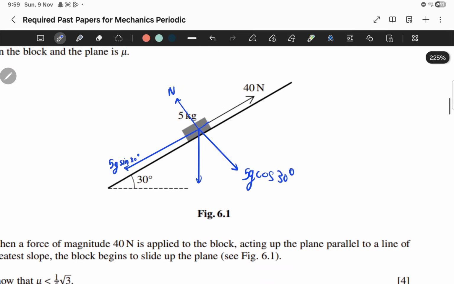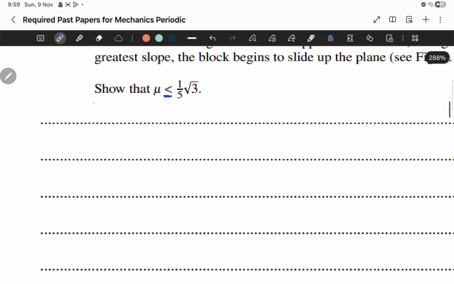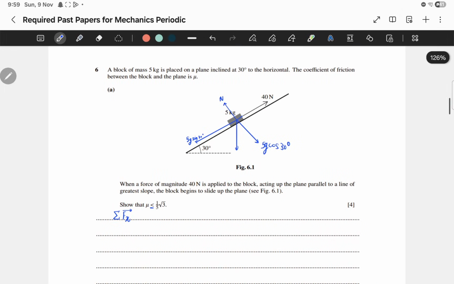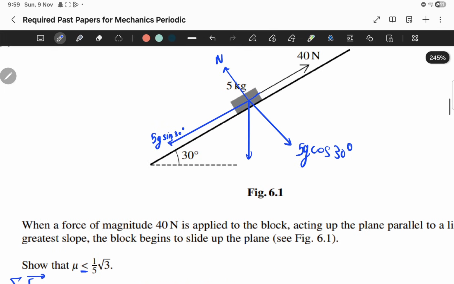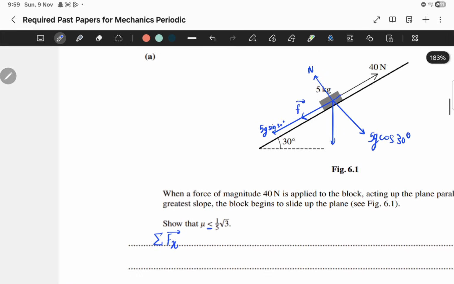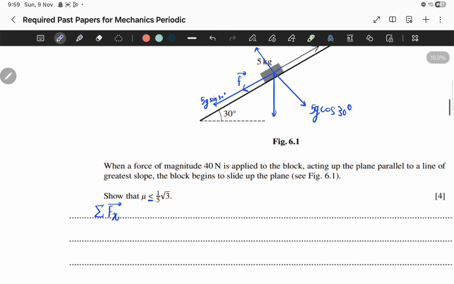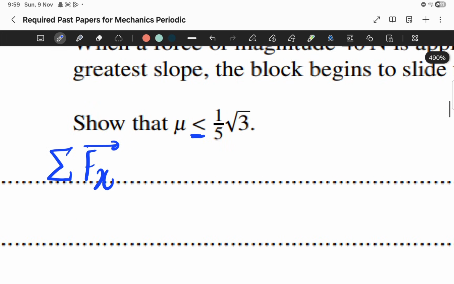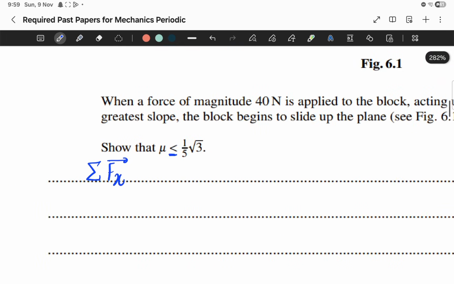Now, this question is basically the same concept. Sigma of x. There's clearly friction, right? If they're telling me to find the coefficient of friction, there's friction. So we're going to call the friction F. Now, sigma of x is equal to ma, so we're going to write sigma of x is equal to ma. Perfect.